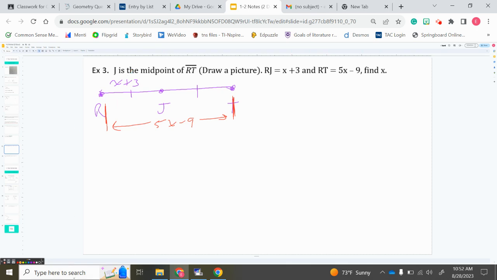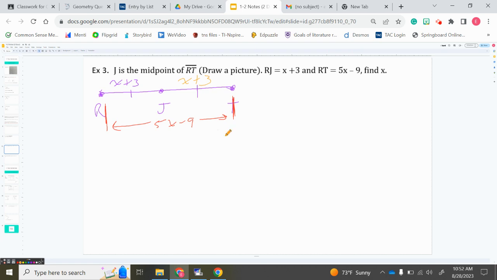I can't let this one go. We got to see it. No, not divide by 2. If this is congruent with this, what does this also have to be then? Yeah. It has to be x plus 3.